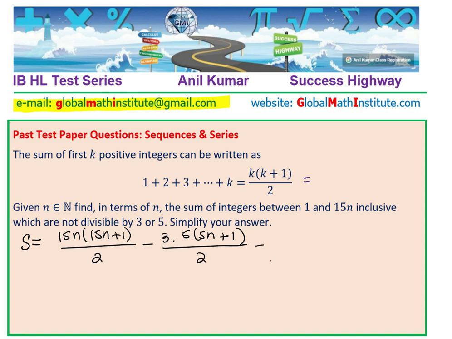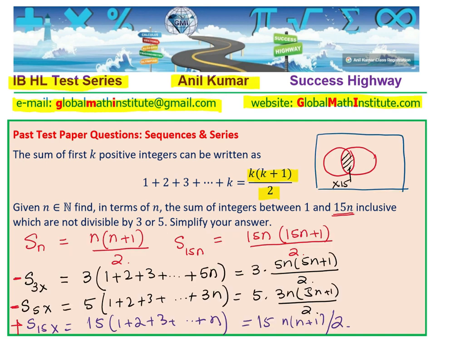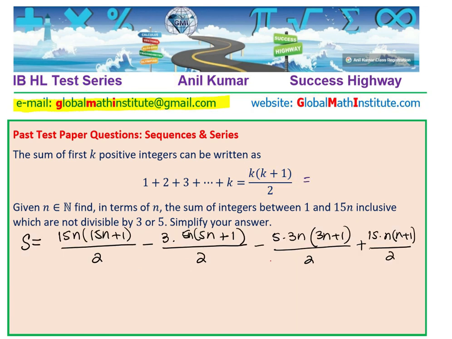Take away the multiples of 5: it will be 5 times 3n times (3n plus 1) over 2. And to this, we have to add the multiples of 15. So we derive these formulas for each unit. Out of all 15n, we are taking away the multiples of 3 and 5, and the multiples of 15 have been subtracted twice, so at the end we add them back.